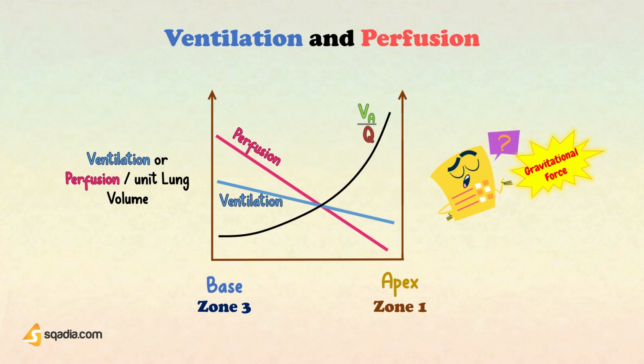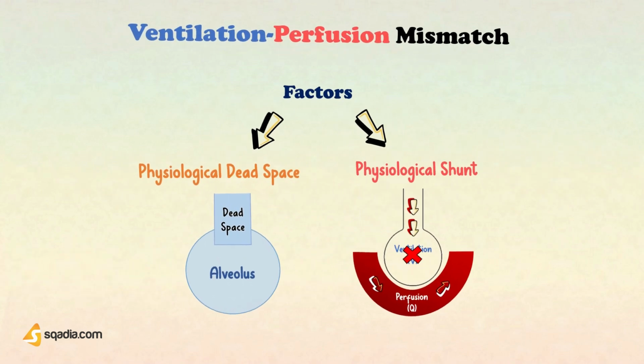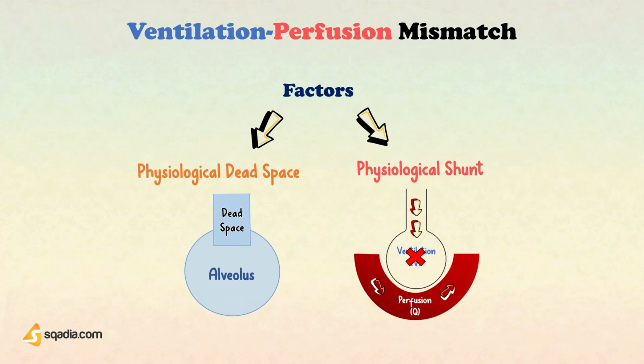Well, I told you that ventilation-perfusion mismatch can occur due to two factors: the physiological dead space or the physiological shunt. These, we can say, are the extremes of imbalance of ventilation-perfusion ratio.